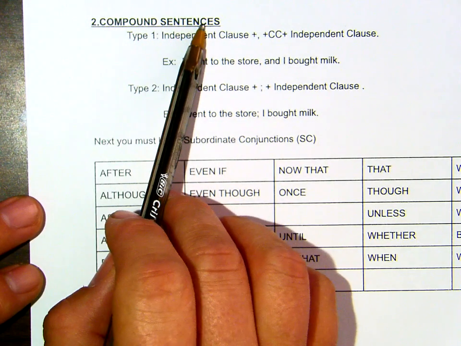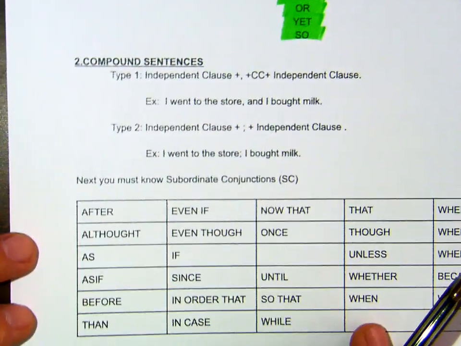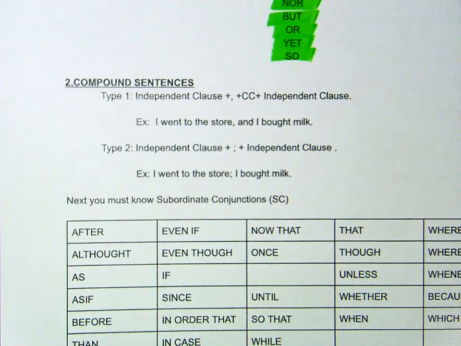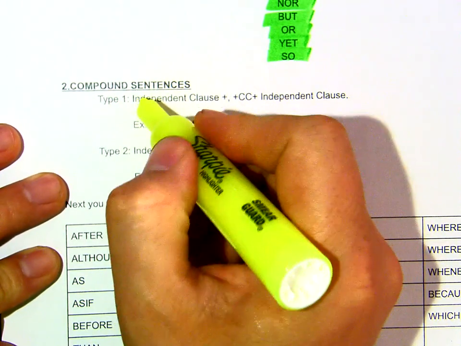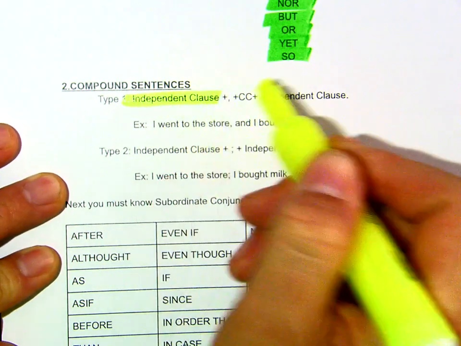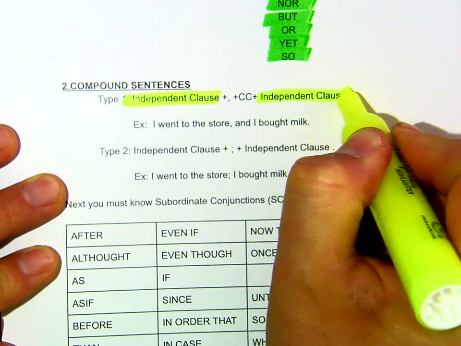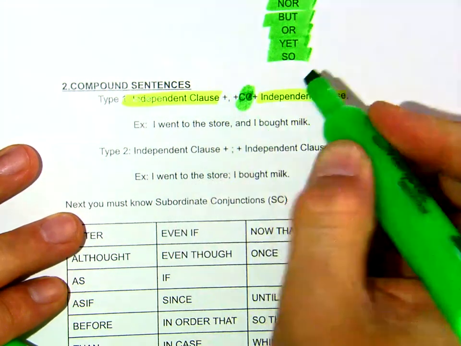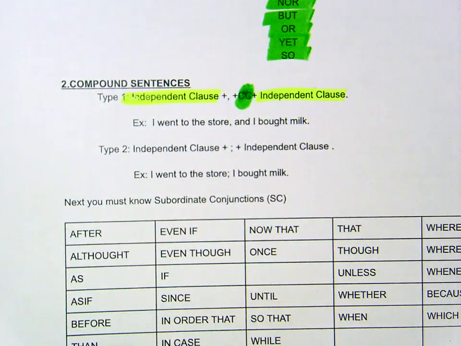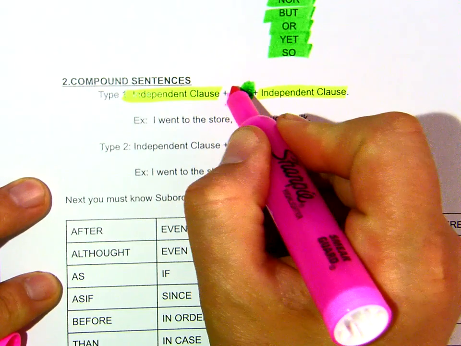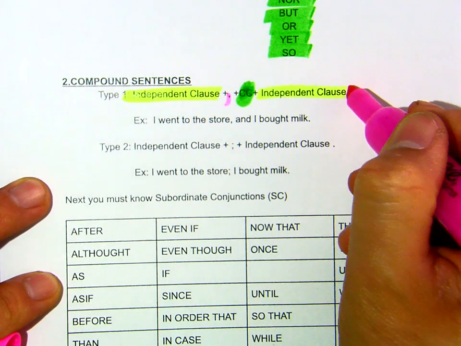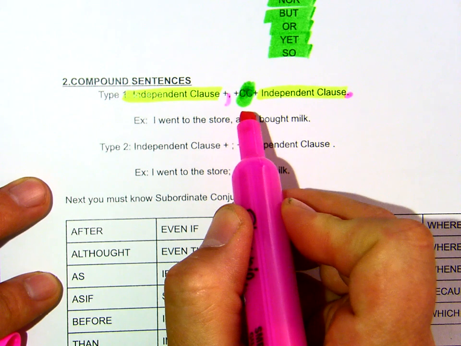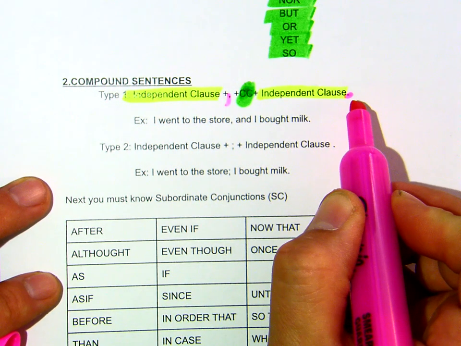And that's where we come up with the second kind of sentence, which is called a compound sentence. So here's how you make a compound sentence. You're going to take 2 independent clauses and link them together with a green coordinating conjunction. When you do that, you're also going to make sure to include a pink comma before the coordinating conjunction and a pink period at the end.